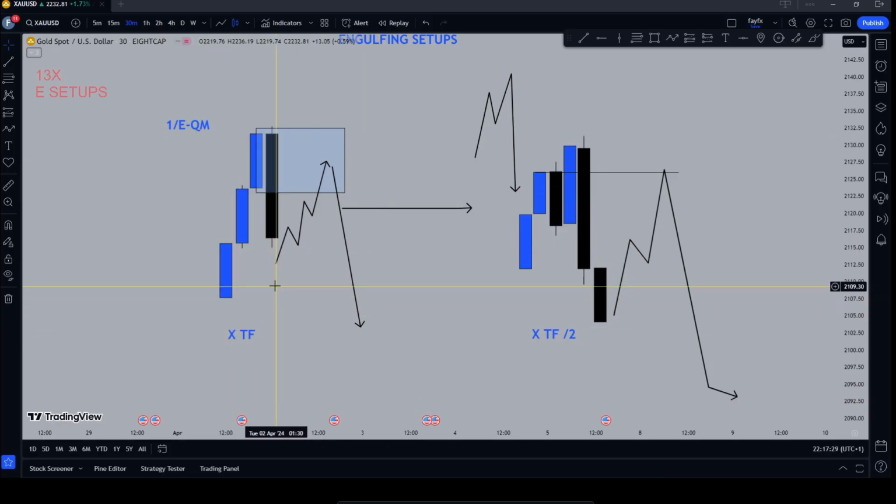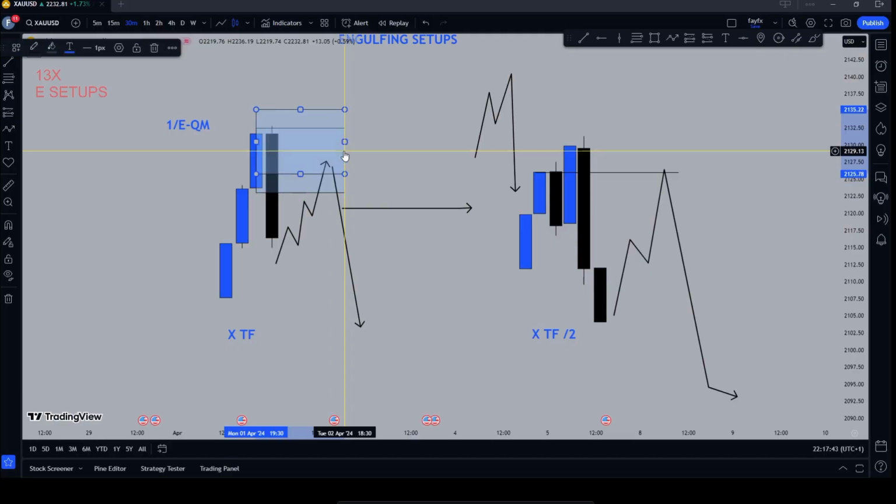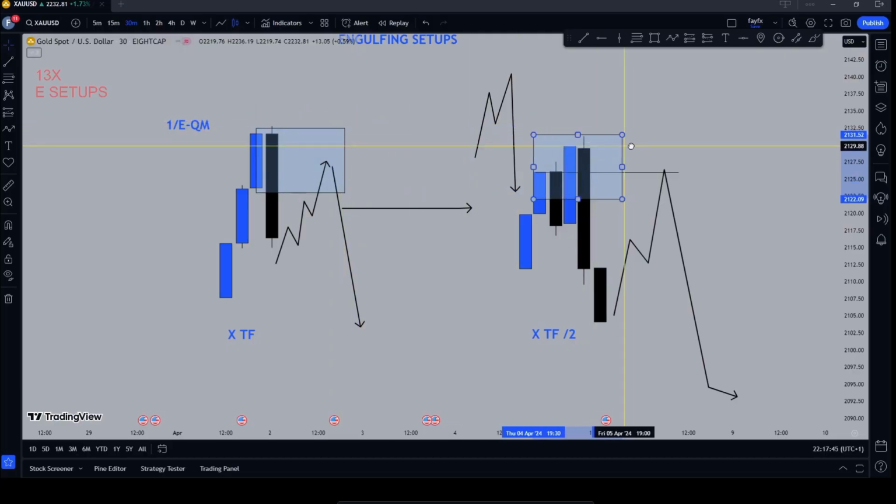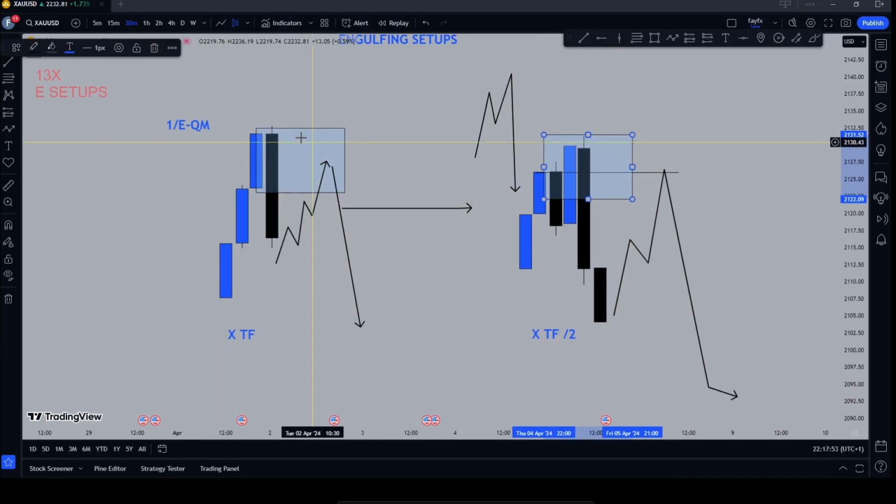In X time frame, we have a fresh engulfing candle. When we go one time frame lower, we are going to find a QM in this same area, formed inside this engulfing candle. This is the first engulfing setup that we are going to use.